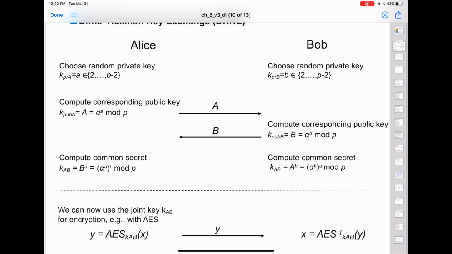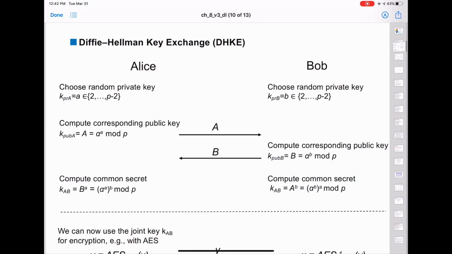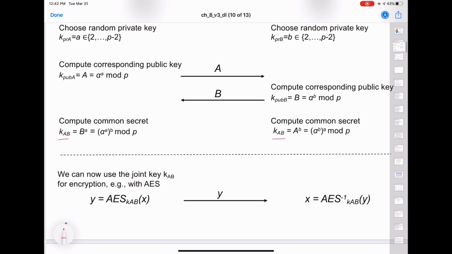Okay, excellent. The next slide is explaining why we care about Diffie-Hellman key exchange. As I explained to you, Alice is choosing her color, Bob is choosing his color, and they come up with the same shared key. After they get the same shared key, for example, they want to do encryption. They can use symmetric cryptography.